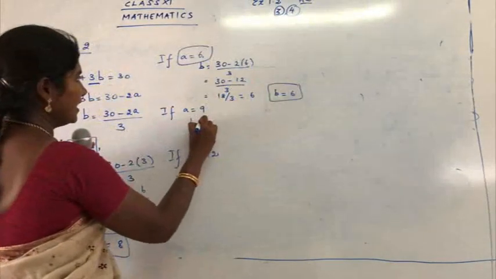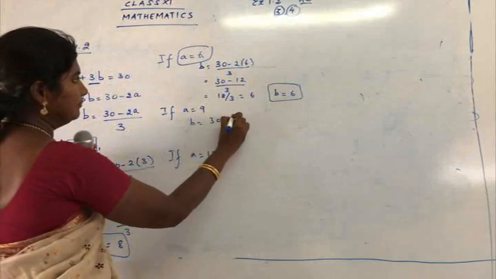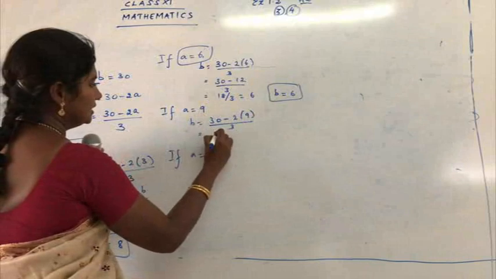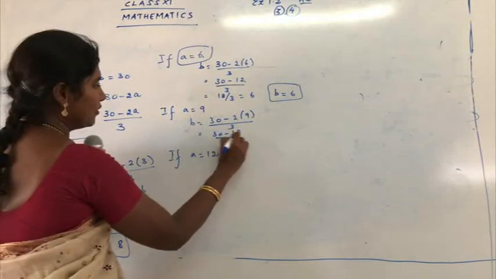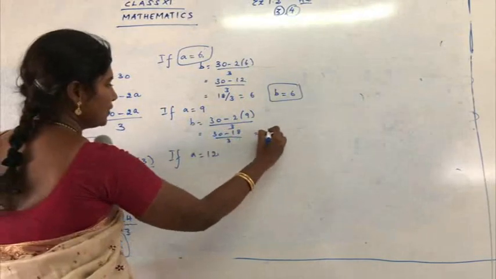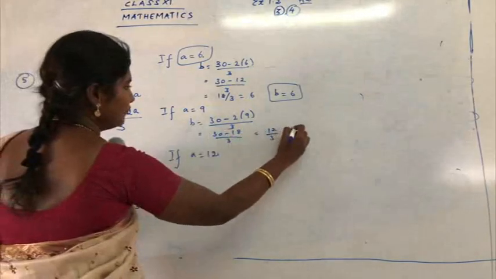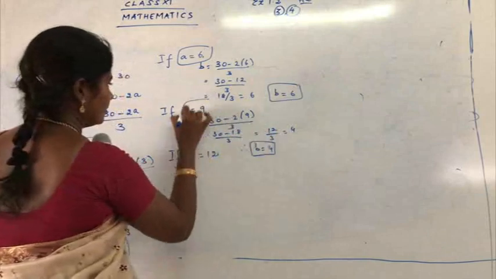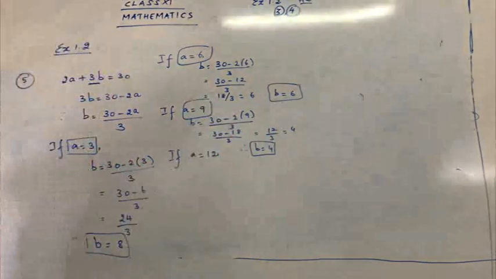A is equal to 9. 30 minus 2 into 9 upon 3. 30 minus 18 upon 3. So it's 12 upon 3. So you get 4. Therefore, B is equal to 4. So A is 9, B is 4.